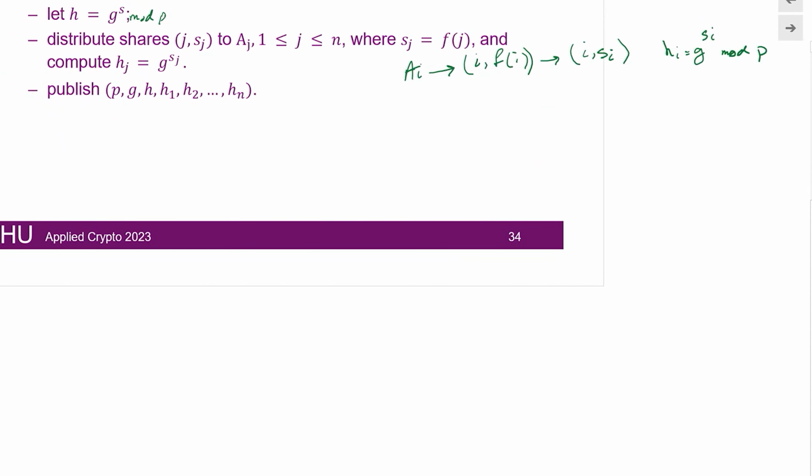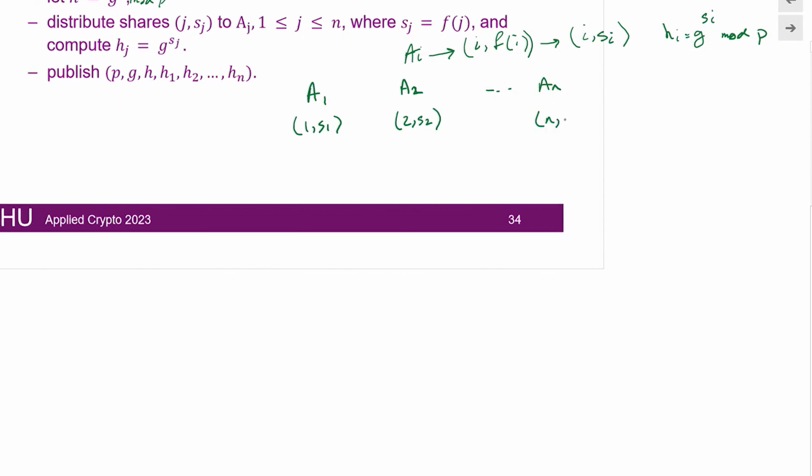So at the end, what I would have is that A1 has its share 1 and s1. A2 would get its share as 2 and s2, and all the way to An, which would have its share of n and sn. And then for every one of them, we compute this value: h1 equals g to the power s1, h2 equals g to the power s2, and hn equals g to the power sn.